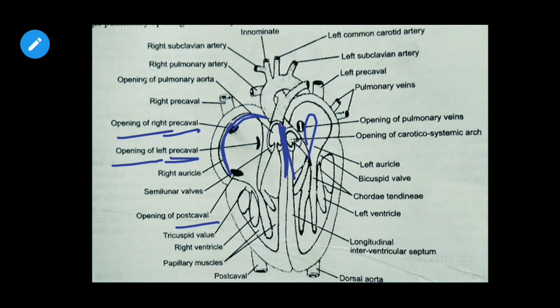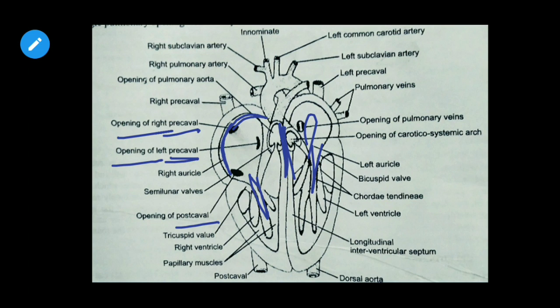Then each auricle opens into the ventricle of its side by an auriculoventricular aperture. It is guarded by a valve of tough connective tissue, that is tricuspid valve on the right and bicuspid valve on the left.